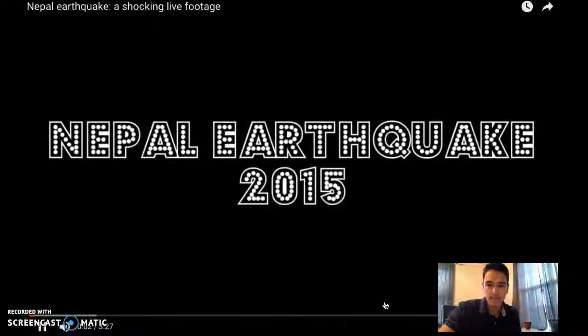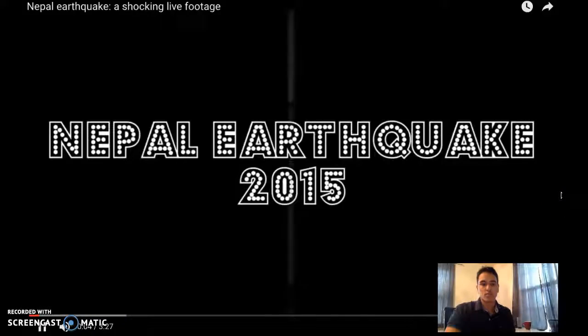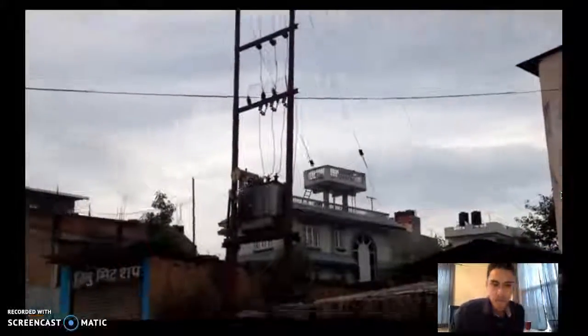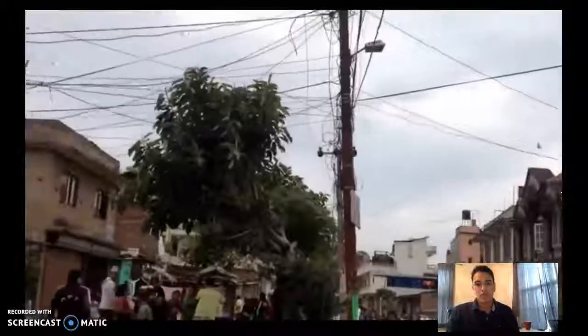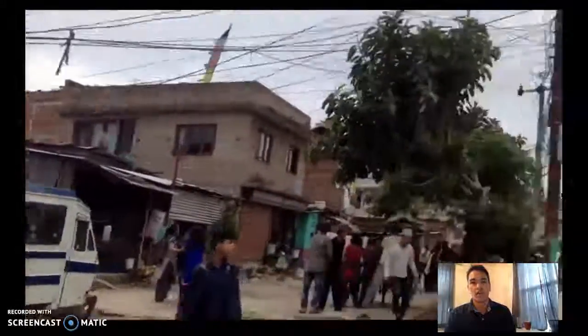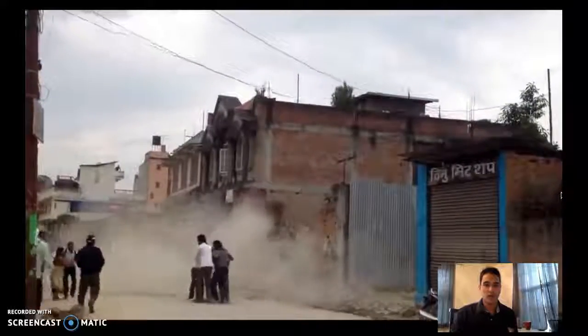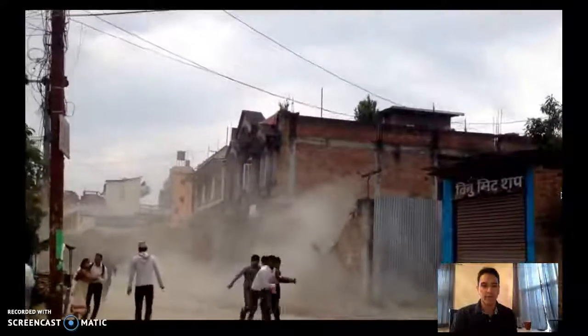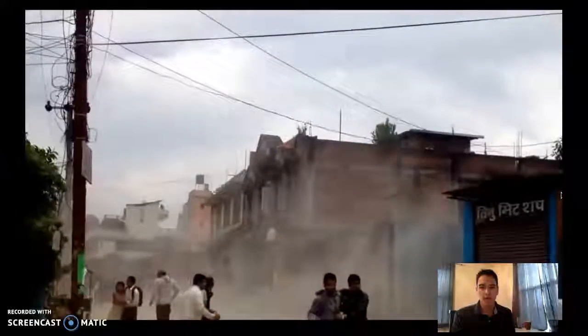All right. So just by looking at this small area, you can tell how close these buildings are to each other, and just how densely populated it is.